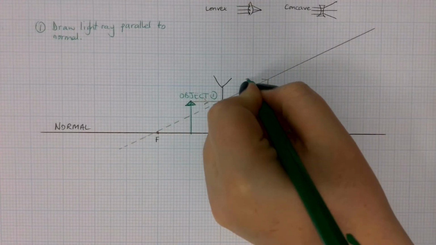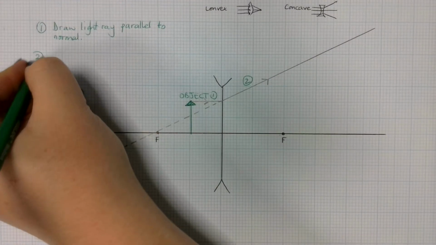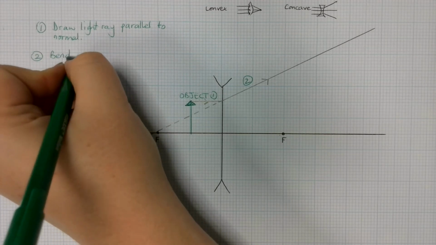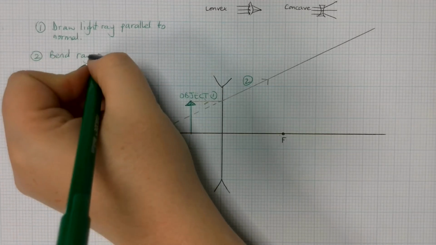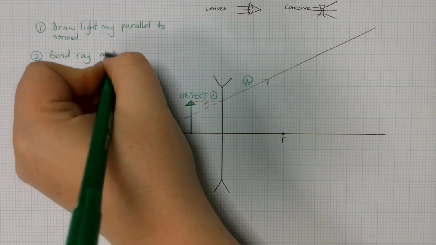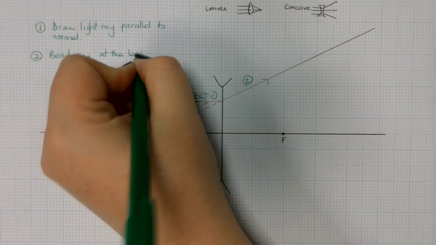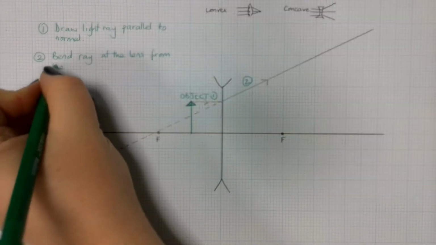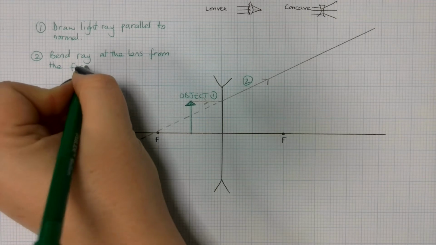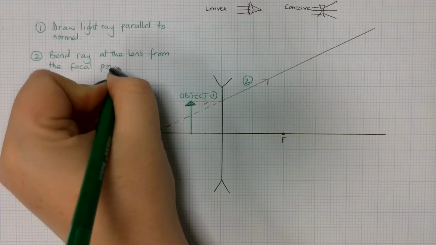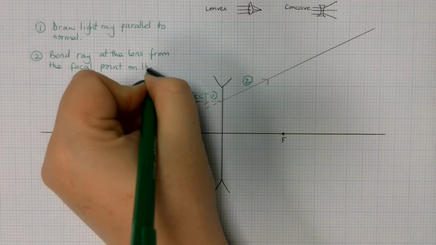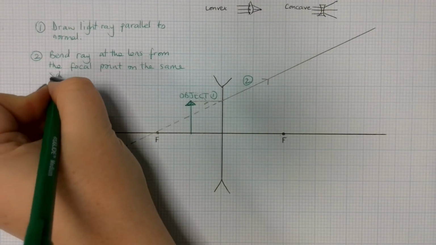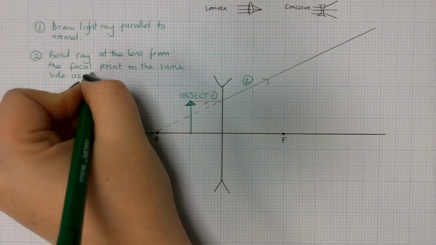So step number 2 is to bend this ray at the lens from the focal point on the same side as the object.